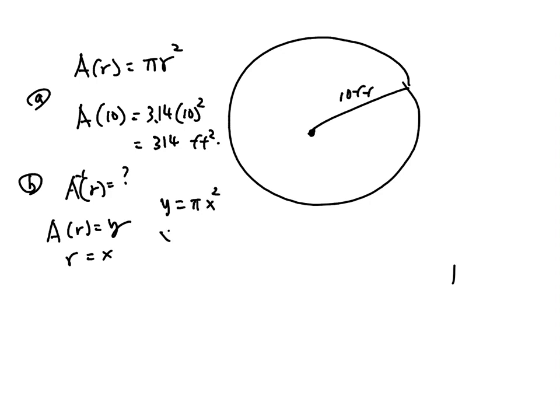Switch, we get X equals pi Y squared. And that means we solve for Y, you get X over pi equals Y squared. So plus or minus square root of X over pi is Y.